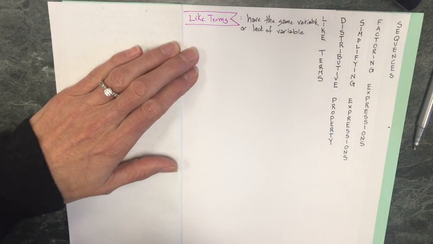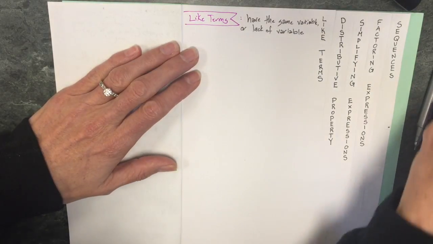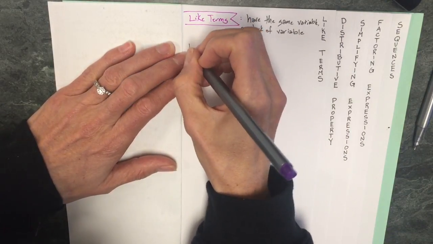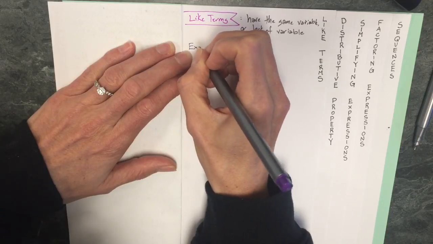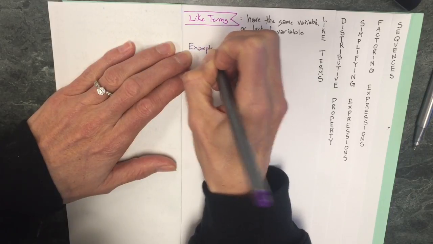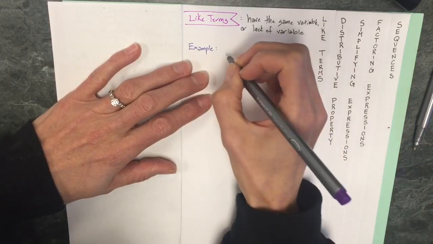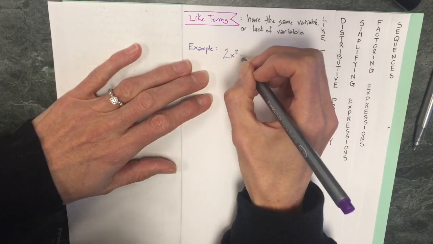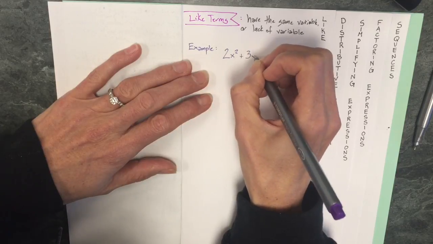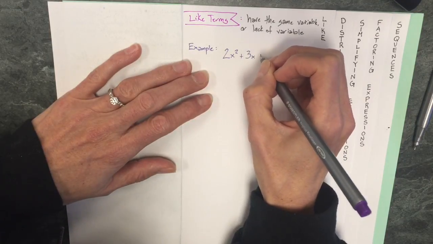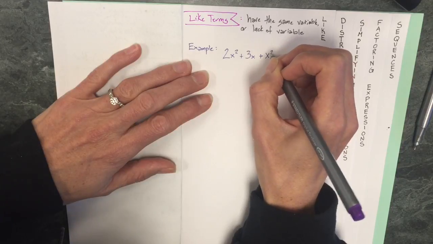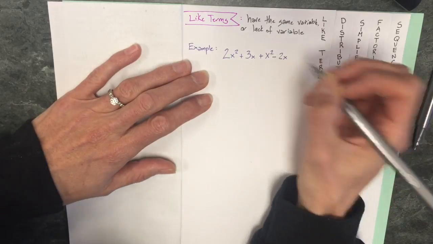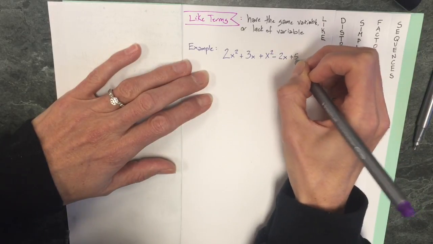And I'm going to give you an example right now. Go ahead and write the expression. Here's our example. 2x squared plus 3x plus x squared minus 2x plus 5 minus 2.